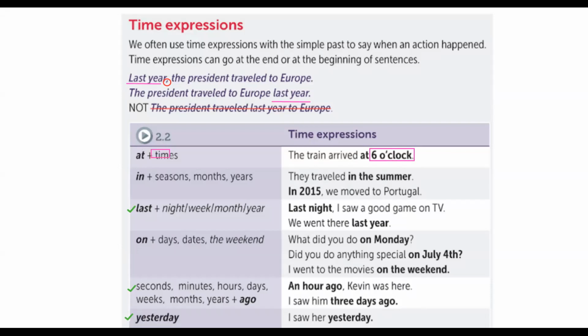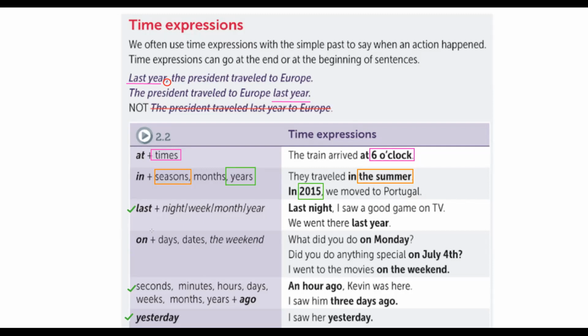But always with times. Then we have in, we use in with seasons, months, and years. For example, they traveled in the summer. Okay, this is a season, in the summer. In 2015, we moved to Portugal. As you can see, we use here a year.